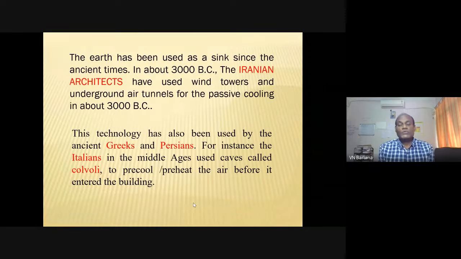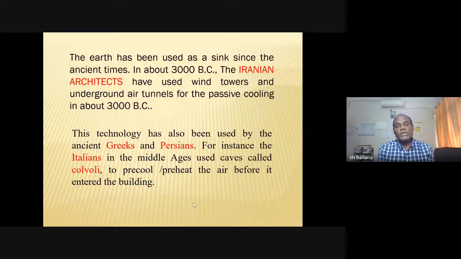So earlier, architecture was using this technique for the heating and cooling of buildings, and over time, we have become more dependent upon the active system and electricity, and the causes might be some industrial causes, political causes, and because of those causes we have adopted these active systems and forgot the usage of passive systems.